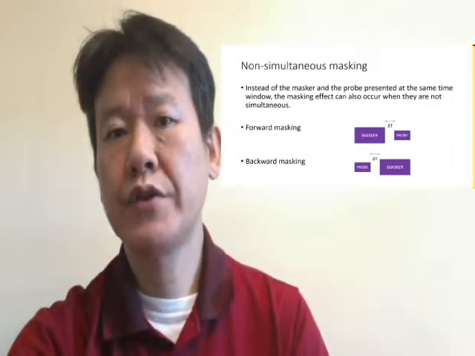Look at slide 19. There are two types of non-simultaneous masking. One is forward masking, the other is backward masking. In forward masking, the masker is played and then turned off, and with a little time gap, the target is played and we are trying to detect the target. Backward masking is the opposite.